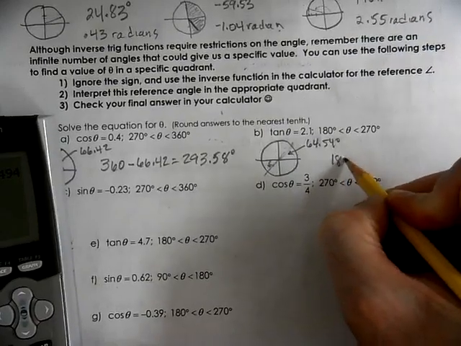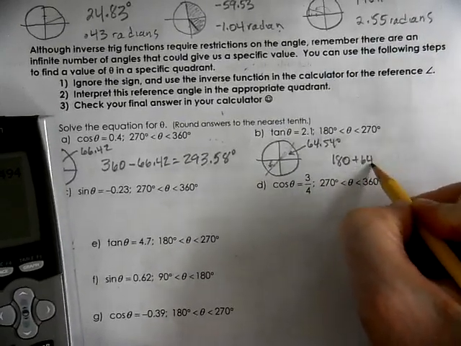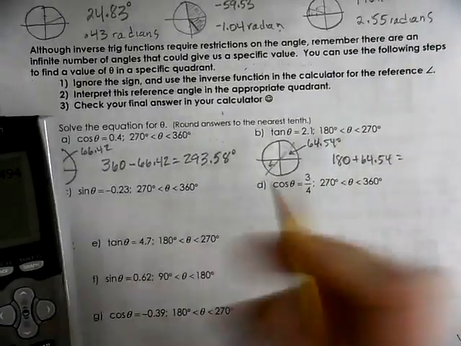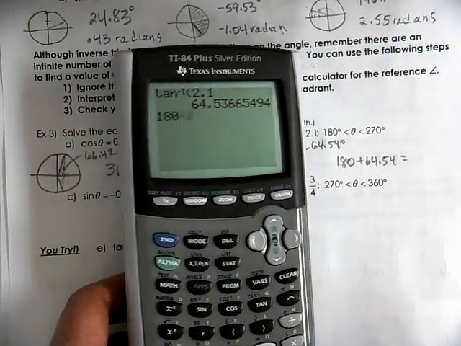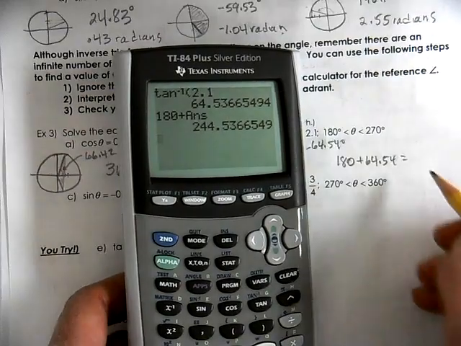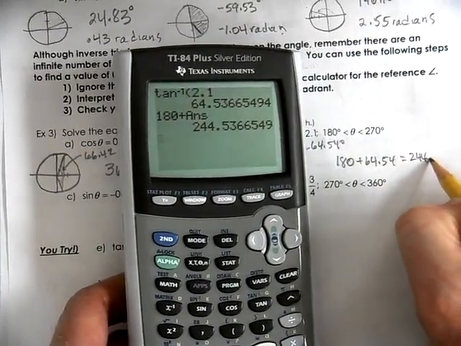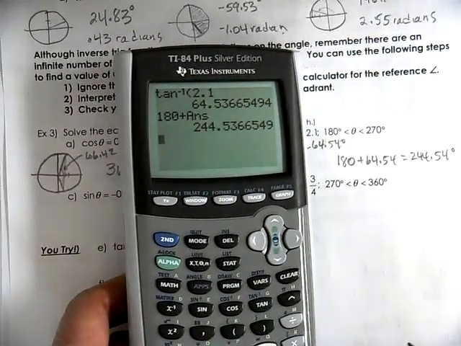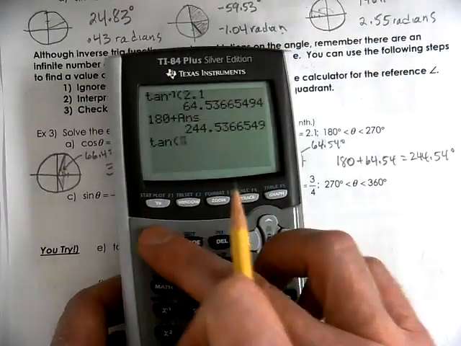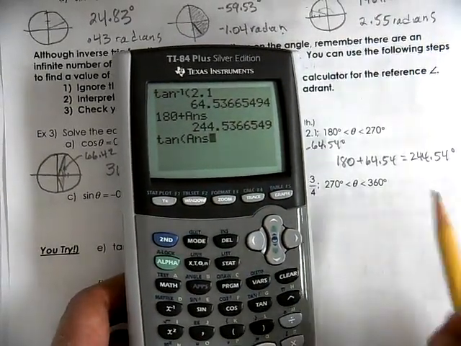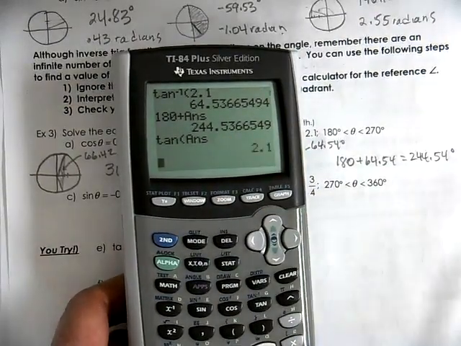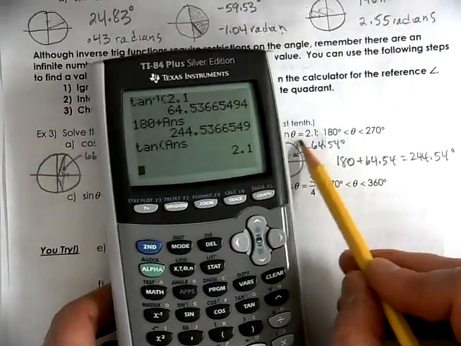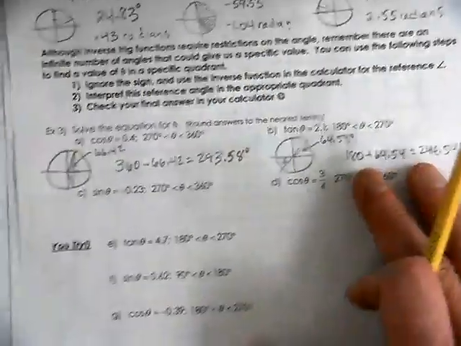So that's 180 plus the 64 degree angle. 180 plus our previous answer is 244.54 degrees. Now we can test that theory by doing the tangent of that angle. The ANS is our previous answer, and that gives us exactly 2.1 like we were expecting.